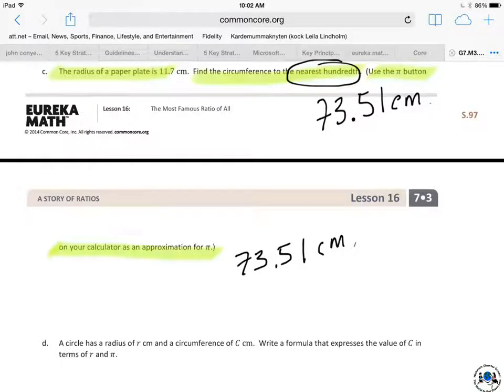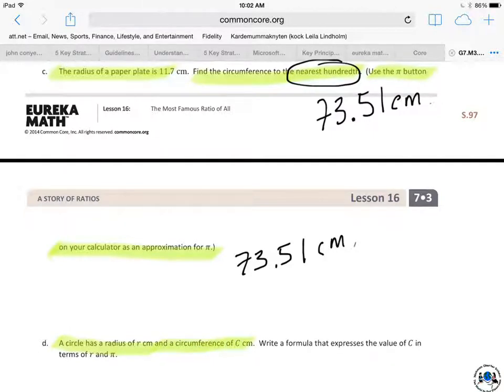Okay, so here's another one. Here's D. Okay, and D says a circle has a radius of r centimeters. Ooh, this is sounding interesting because now we are talking about our equations. And a circumference of c centimeters.